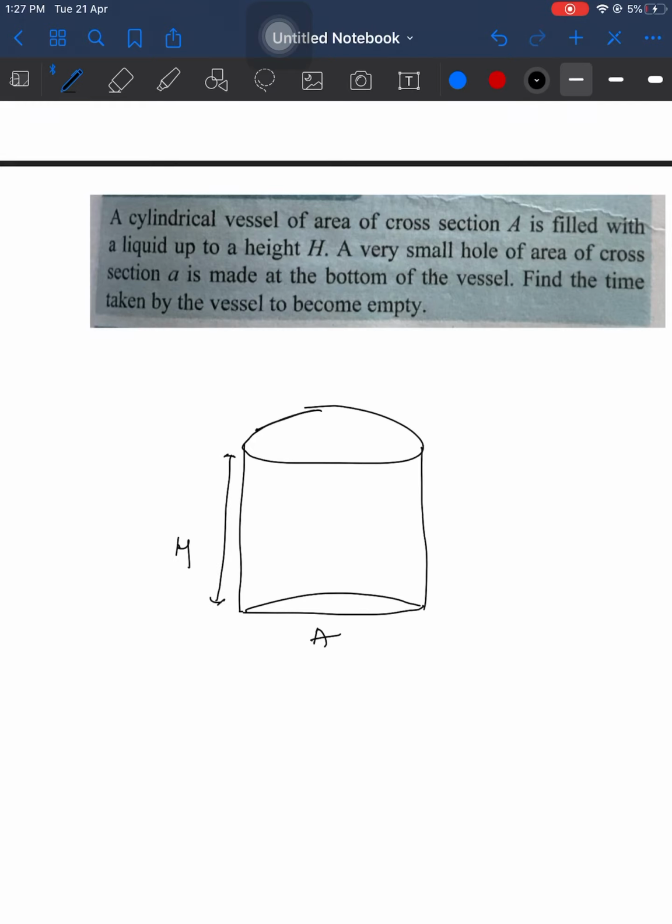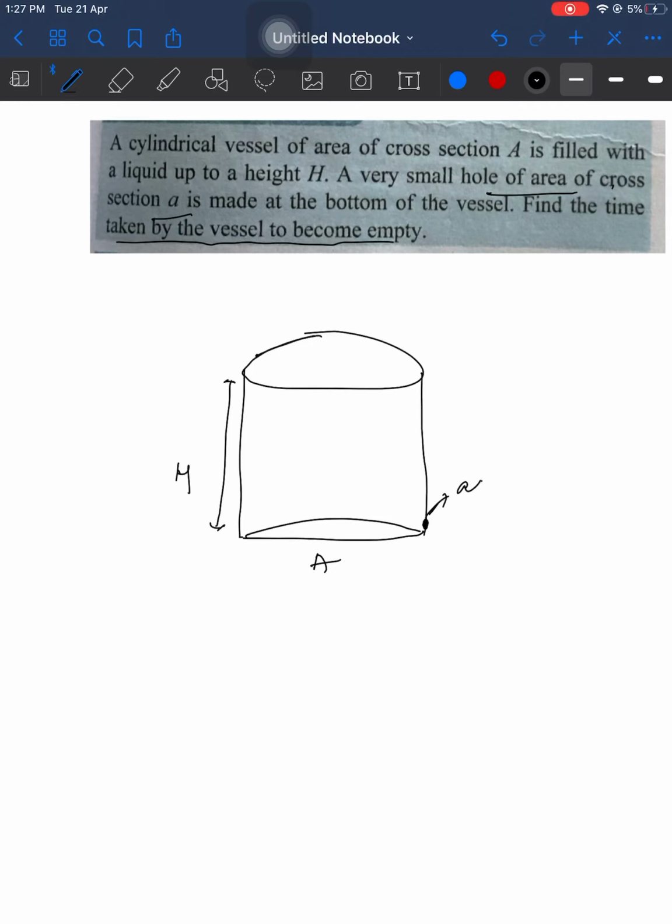A very small hole of area of cross section small a is made at the bottommost position of the tank. Find the time taken by the vessel to become empty. Here the integration comes into the picture. Listen carefully.